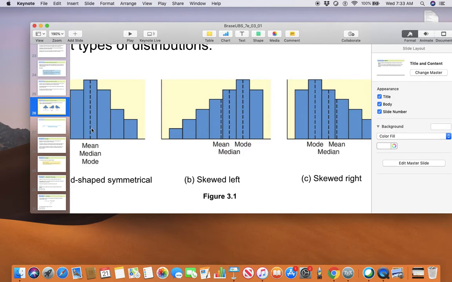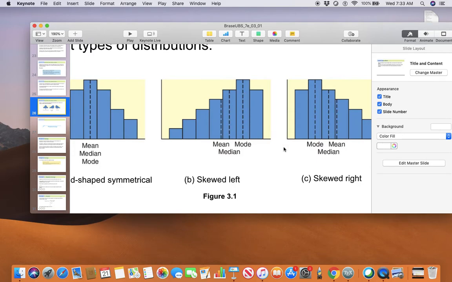Okay, so there, because it was even, they agreed. Here we are skewed left, so mean is left, median is in the middle, and mode is to the right. Okay, mode will always have the highest frequency, so you're following the mode.